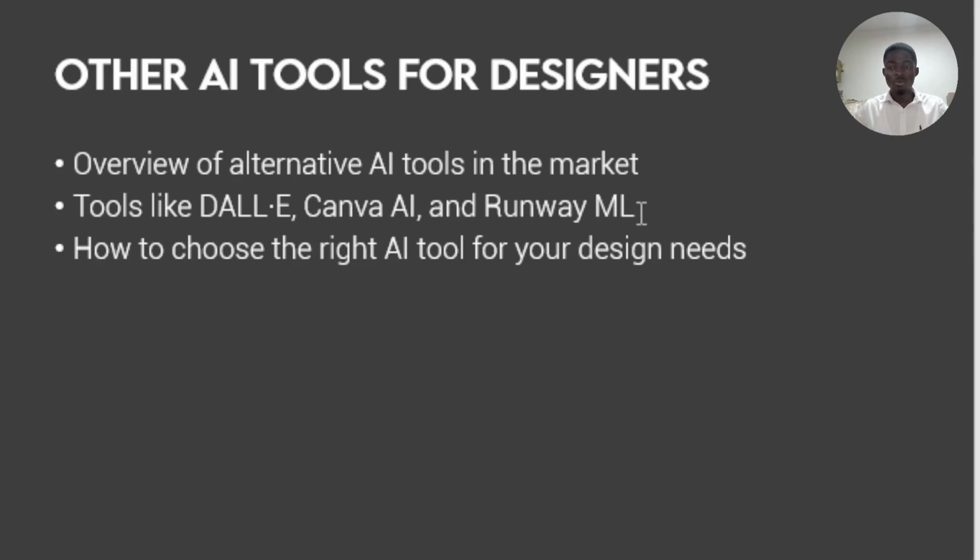We have Runway ML. Now, Runway is used in creating AI videos. Okay, and as a graphic designer, sometimes you may want to use videos, and so that is how you would use Runway AI. Runway is more for videos, but you can also create very nice pictures with it.